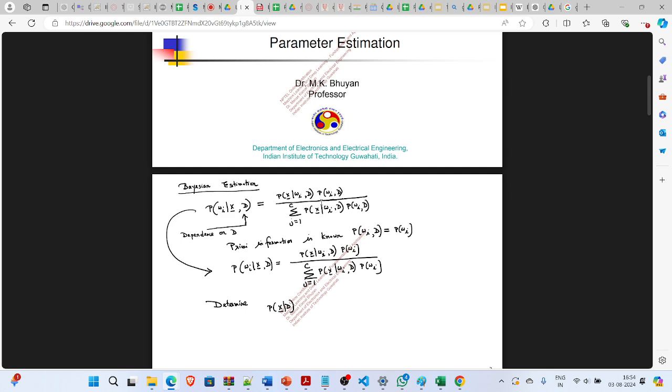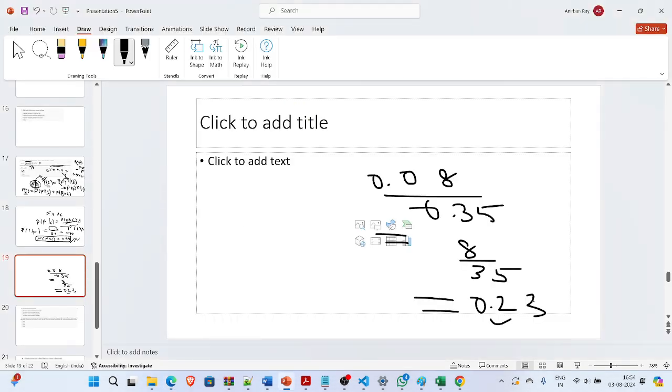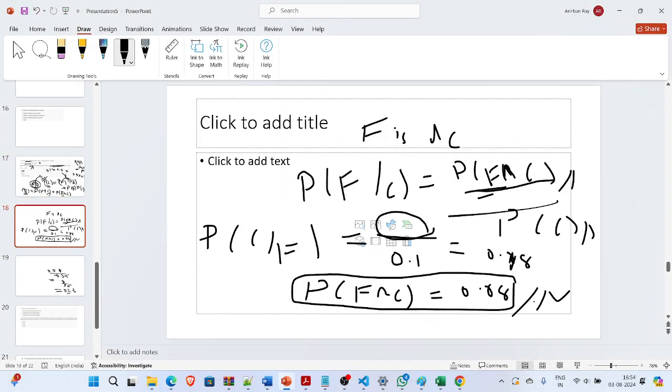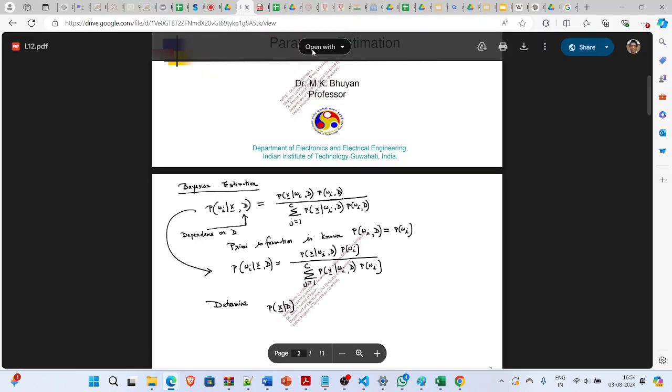So in the example that we took, what we found out was that there's a P of C probability. So what is this called? The total probability of occurrence of C.